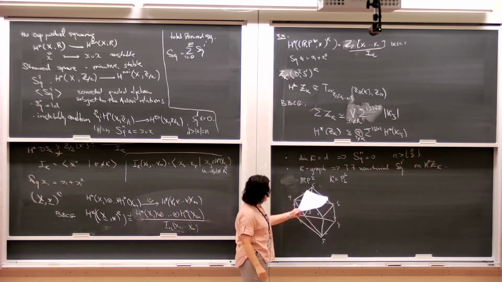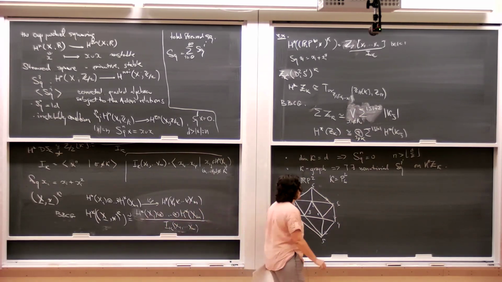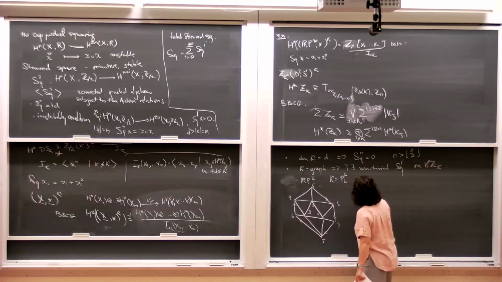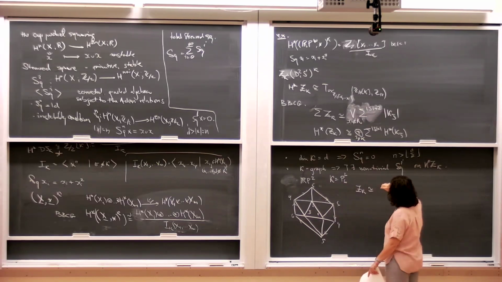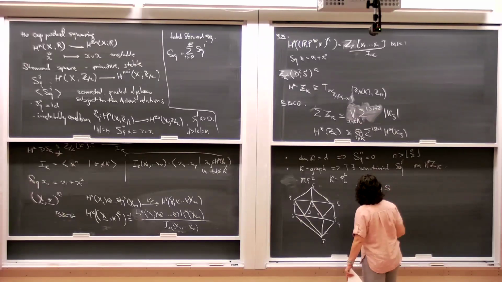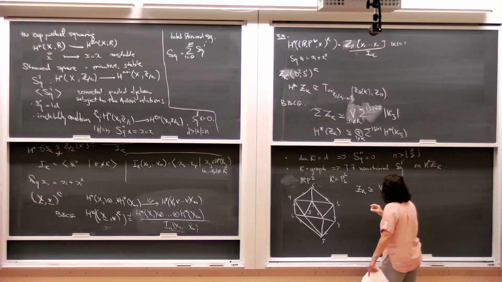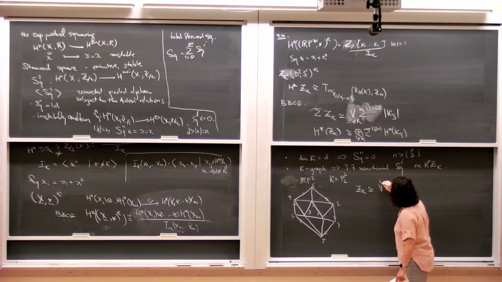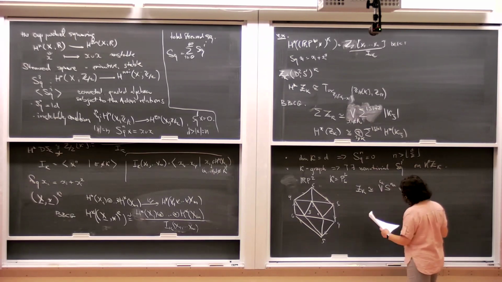Now you can see, first of all, ZK is homotopy equivalent, by this BBCG decomposition, to some wedges of spheres, where we know the number C alpha, and then a wedge of the suspension 7 of RP2.